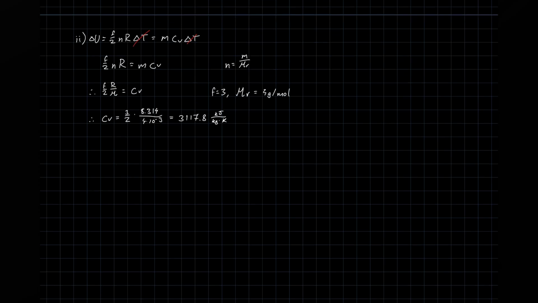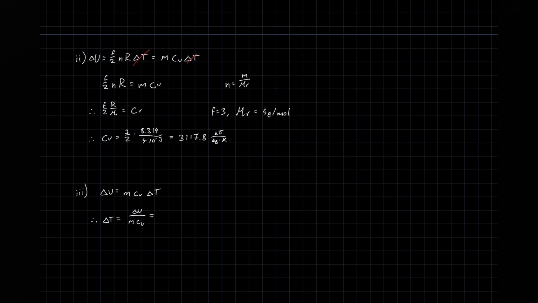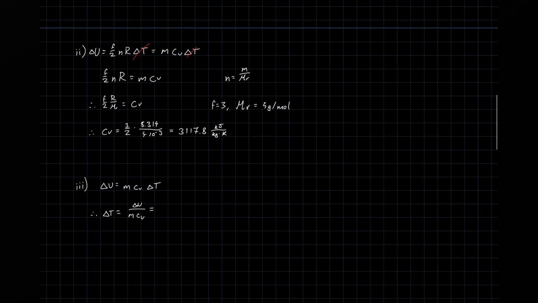Okay, so now that we've got our c_V, we can go ahead and calculate our final temperature. So we know that delta U equals mc_V delta T. So therefore delta T must be equal to delta U over mc_V. So delta U from the beginning we know was 18 kilojoules.